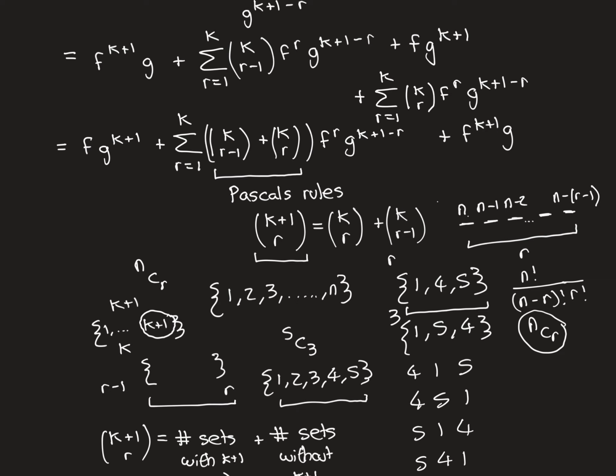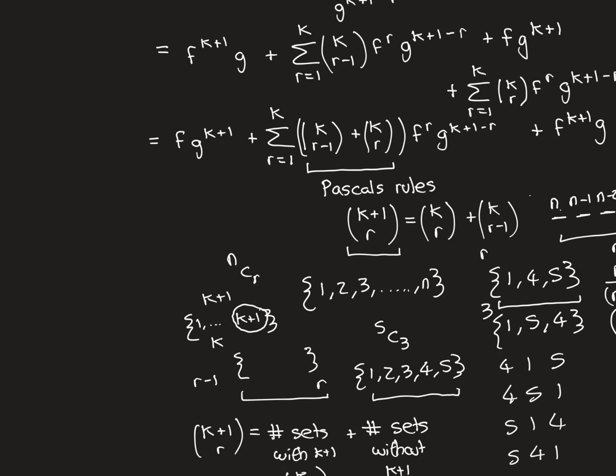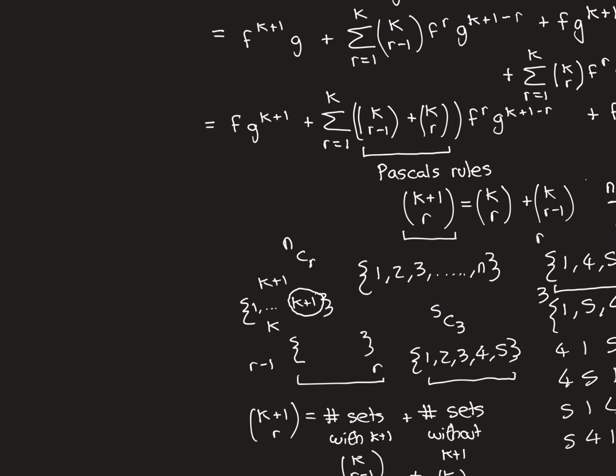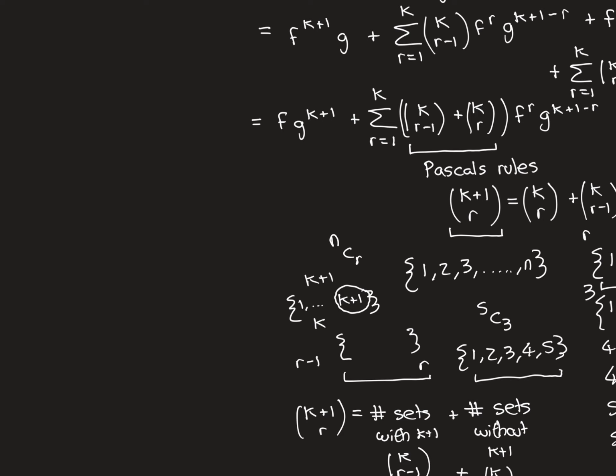So what this means we can now do is replace this with k plus 1 choose r. So let's find some space and do that. I'm trying to think where's best to go. So we'll go here, we'll try and squeeze it in here.